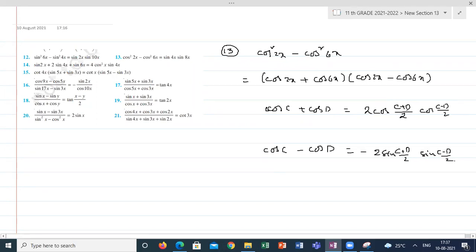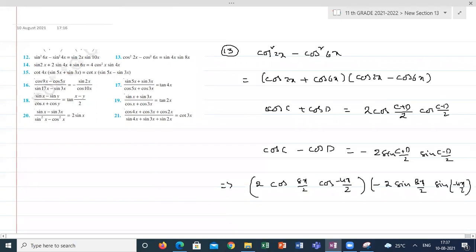Do you agree? Correct or not? Yes, sir. So this will be 2 cos 8x/2 cos minus 4x/2, into minus 2 sin 8x/2 sin minus 4x/2.